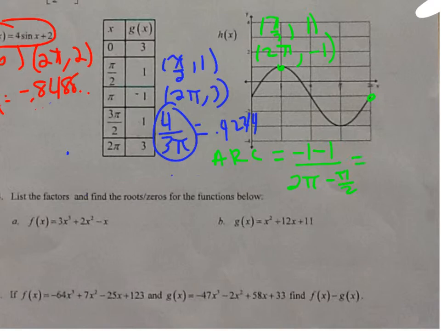So that's negative 2 over 3 pi over 2. So do same change flip, so it's negative 2 times 2 over 3 pi, which is negative 4 over 3 pi. Okay, so let's write that down. Negative 4 over 3 pi.